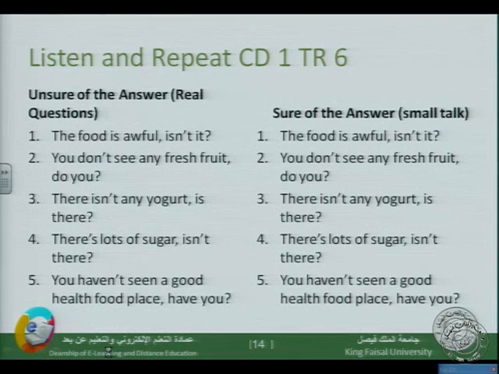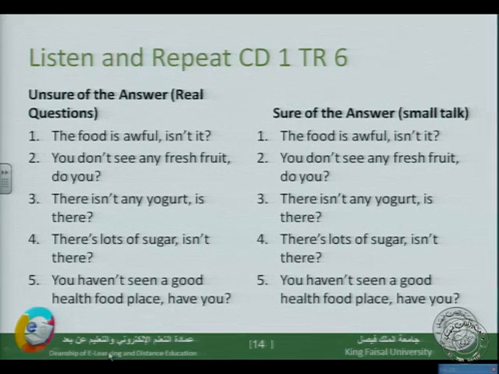Okay, number right here, 1B. Now listen and repeat. This is the exercise I want you to listen to. Number 1. Unsure of the answer. The food is awful, isn't it? Now you repeat after her. You just pay attention to the way she says it.